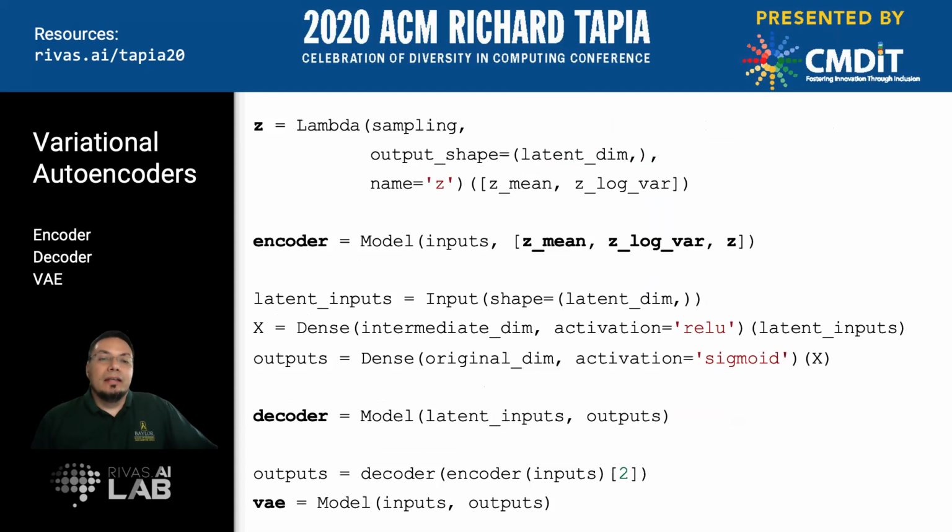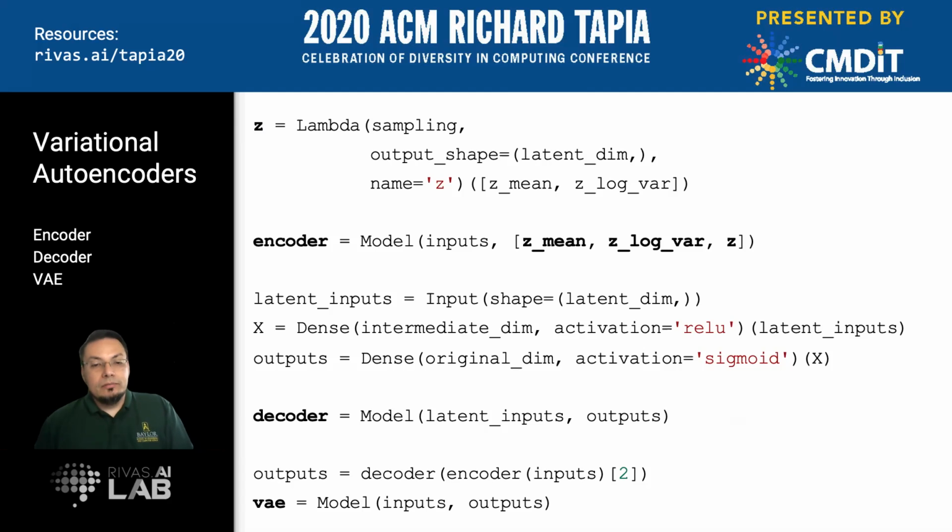Okay, and so Z, which is the lambda, the latent space variable that we pull from, is going to call the sampling because it needs these parameters to sample from that distribution. And so the encoder is supposed to take an input and produce the approximated mean, the approximated log variance, and a sample from that distribution.